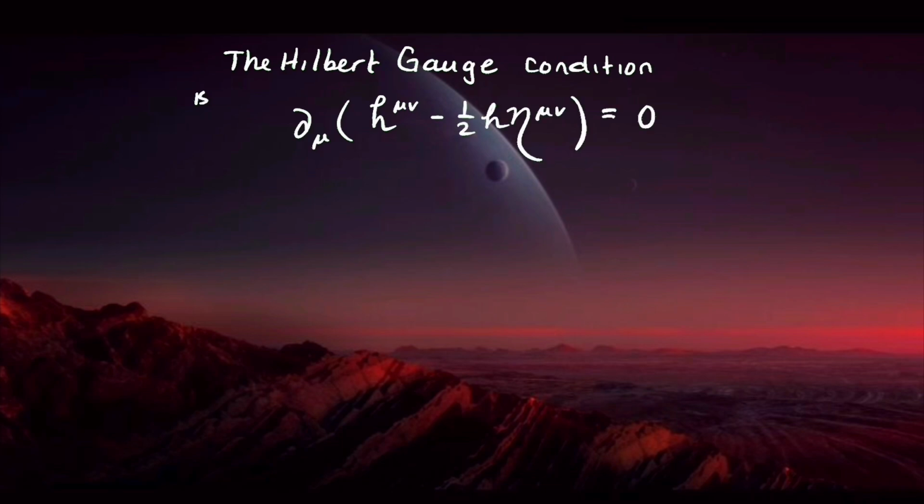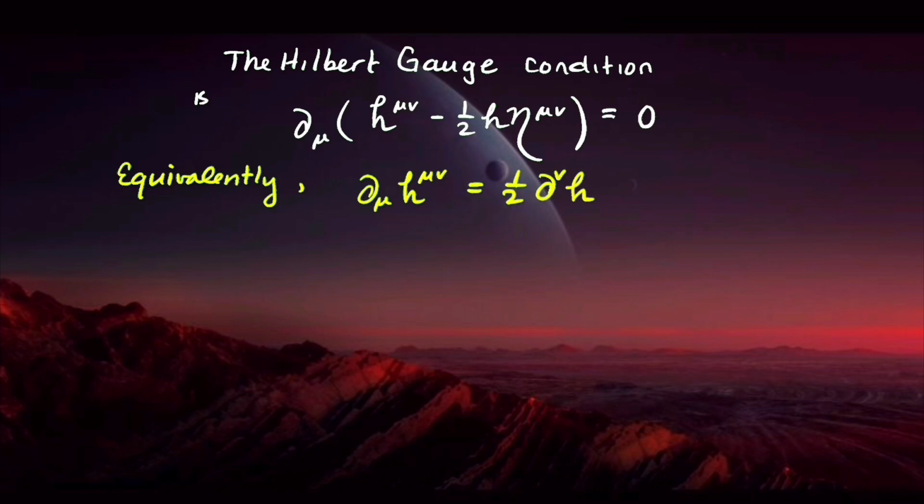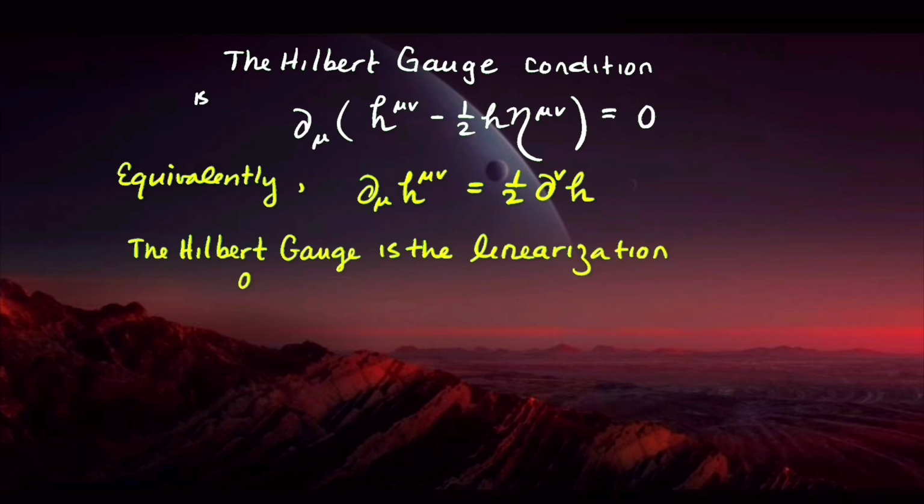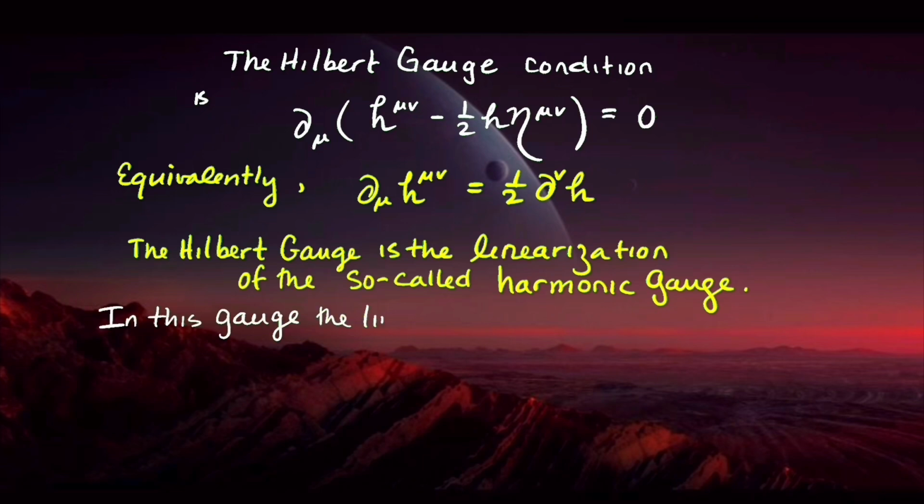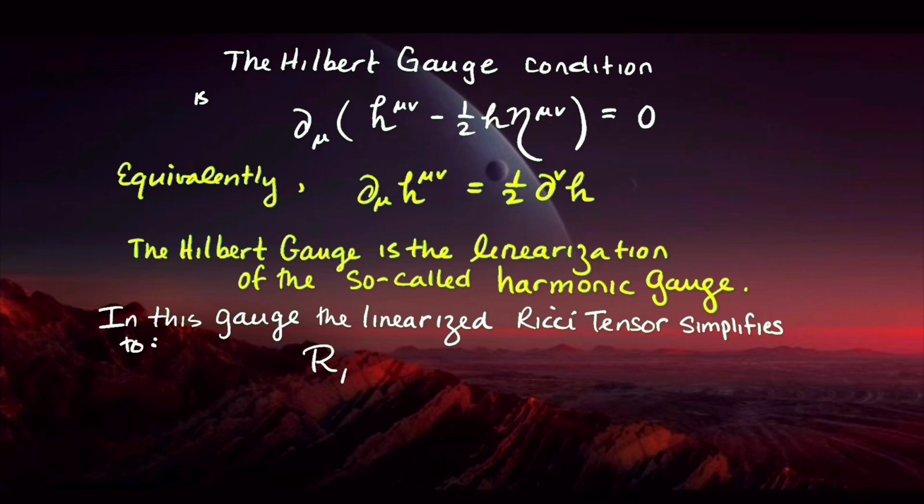The Hilbert gauge condition is given here, and more on gauge conditions maybe later, but the math follows through that we can equivalently write it this way. The Hilbert gauge is then the linearization of the so-called harmonic gauge. Again, this has to do with the duality of the field that you're considering and the symmetry being applied.